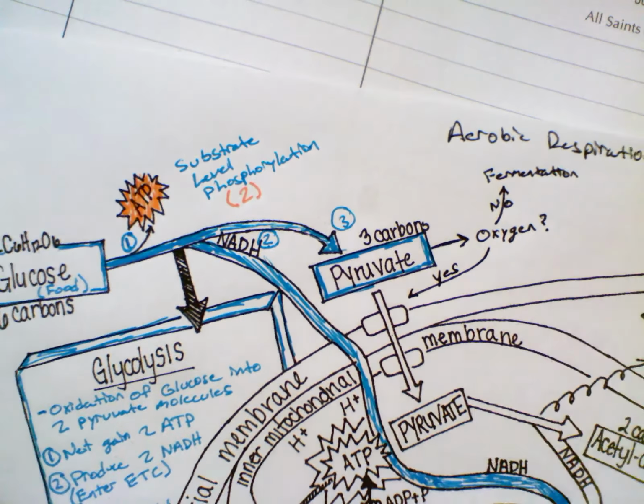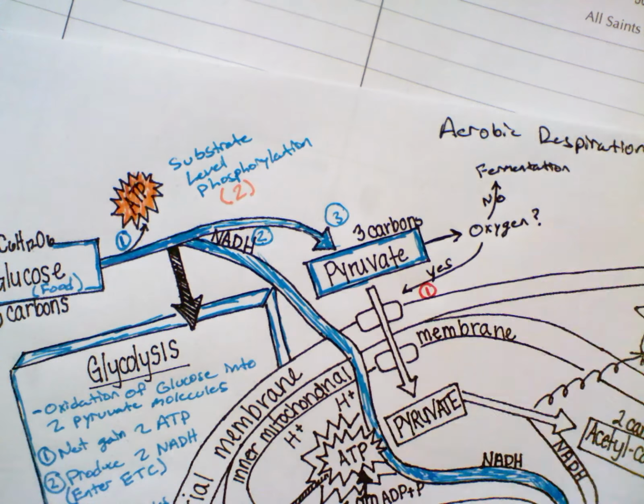If there is oxygen, then what we're going to see next is the active transport of pyruvate into the mitochondria. And that is going to be step 1 of the Krebs cycle.